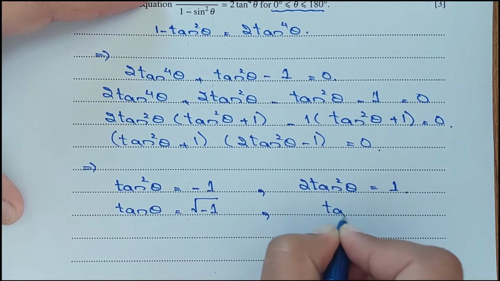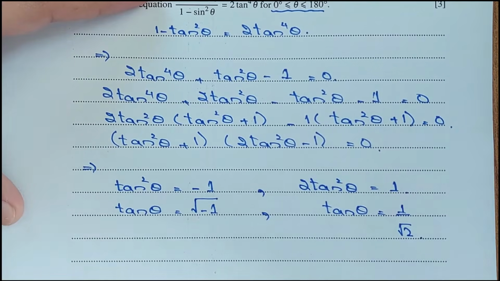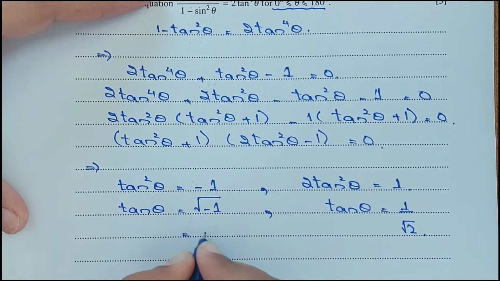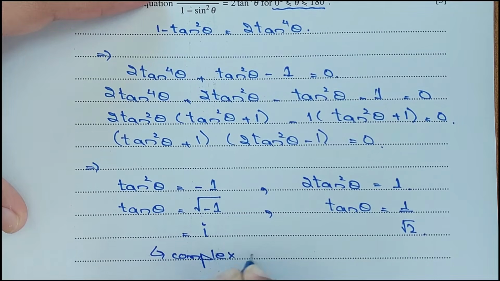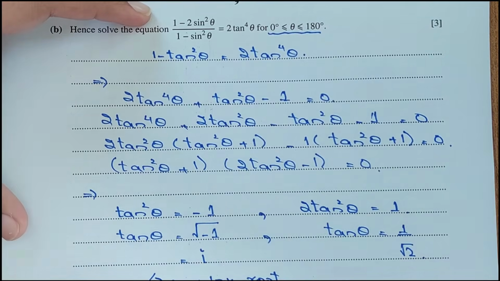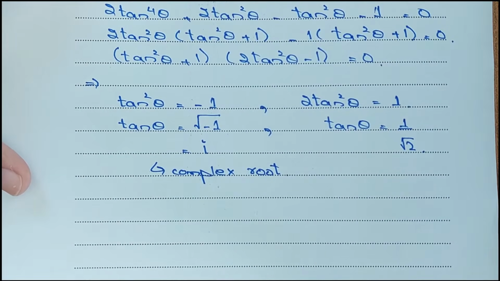And here we can say tan theta is 1 over square root of 2, right? So we have a complex root. We are not solving the complex one because the range of theta is between 0 to 180. So we have to get the root from the second root.